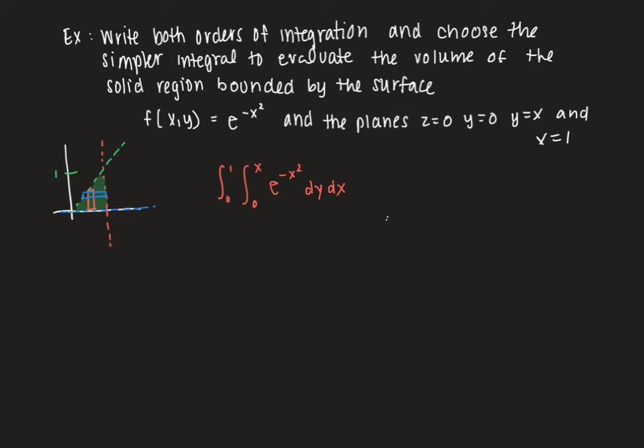This one, you've got a horizontal rectangle, so your x is actually going from y up to 1, and your y goes from 0 to 1. And so that's going to be e to the negative x squared dx dy.